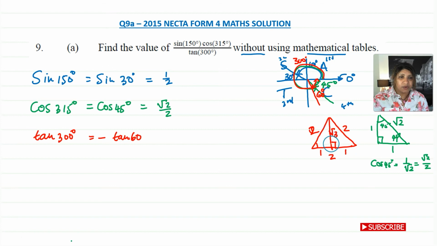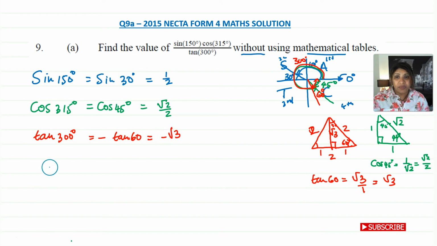Because it is an equilateral triangle, this is going to be 60, and because we have divided this one into 2, that's 30. So we need the 60 degrees. Tan 60 degrees is opposite over adjacent, which is root 3 over 1, so it's just root 3. So tan 60 is root 3, and so tan 300 is negative root 3.